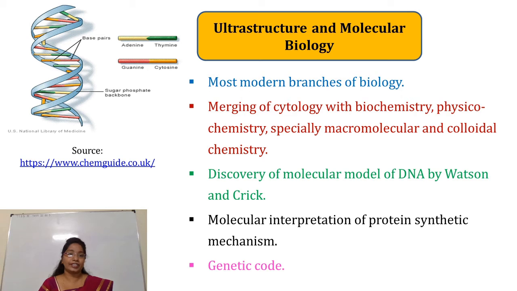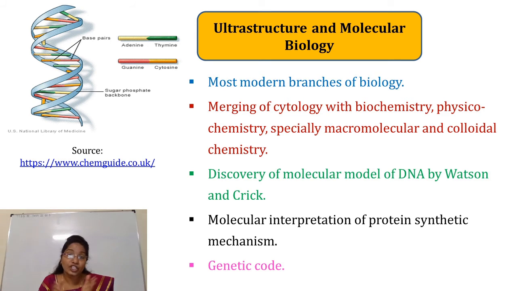The next branch is ultrastructure and molecular biology. This is one of the most important and most modern branches of biology because it merges cytology with biochemistry, physicochemistry, especially macromolecular and colloidal chemistry.